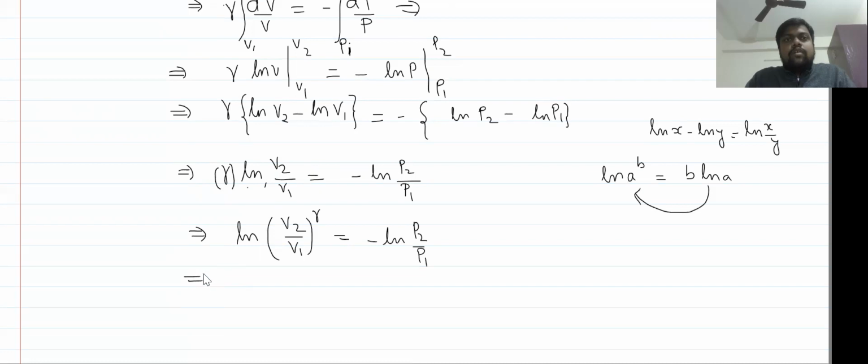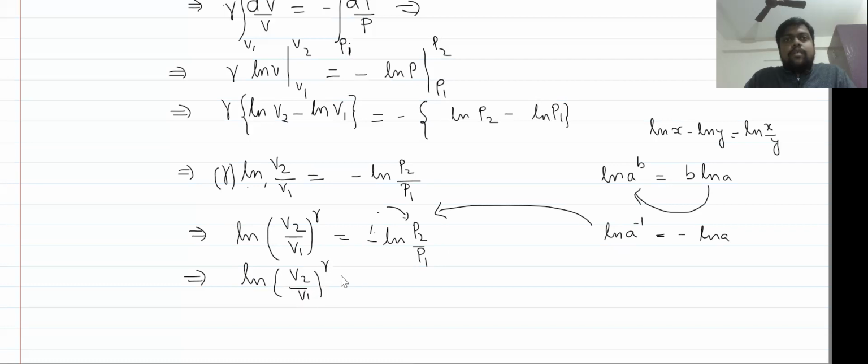Now you can use this minus sign also, that means ln a to the power minus 1 will be minus of ln a. So this property we will be using here. So ln of V2 by V1 to the power gamma equal to ln of P2 by P1 to the power minus 1.